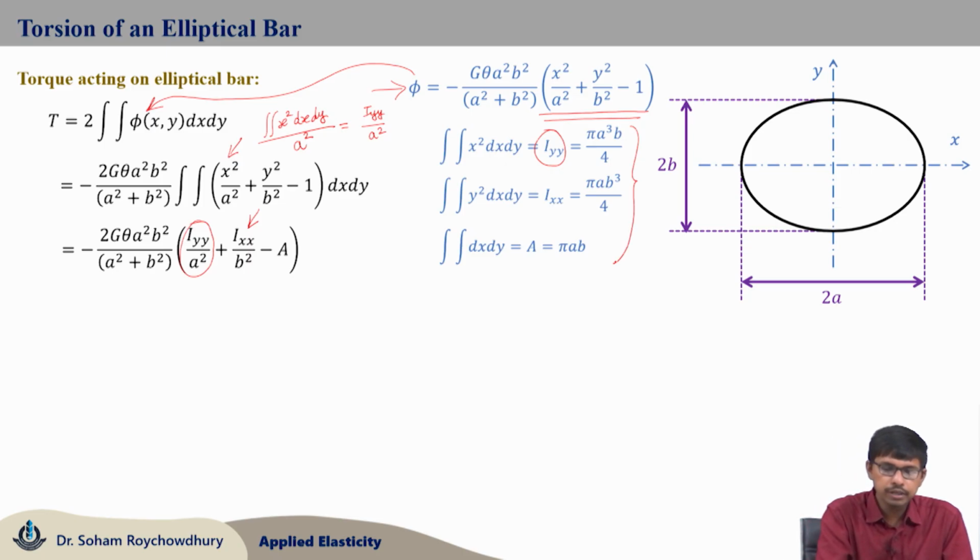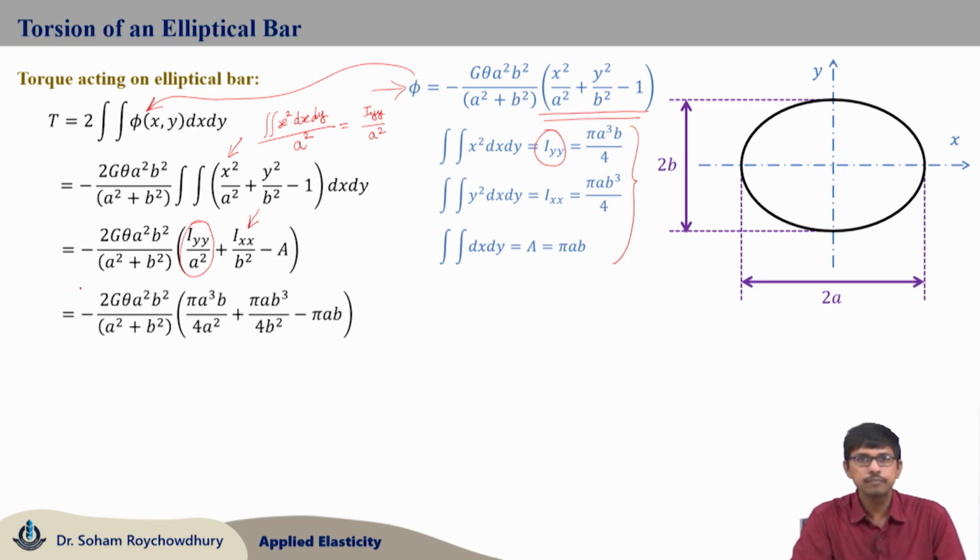Now, I am going to replace all those forms in this equation of T. If I do so, capital T will be like this, where I yy is written as pi a cube b by 4, I xx is written as pi a b cube by 4, and area capital A is written as pi a b.